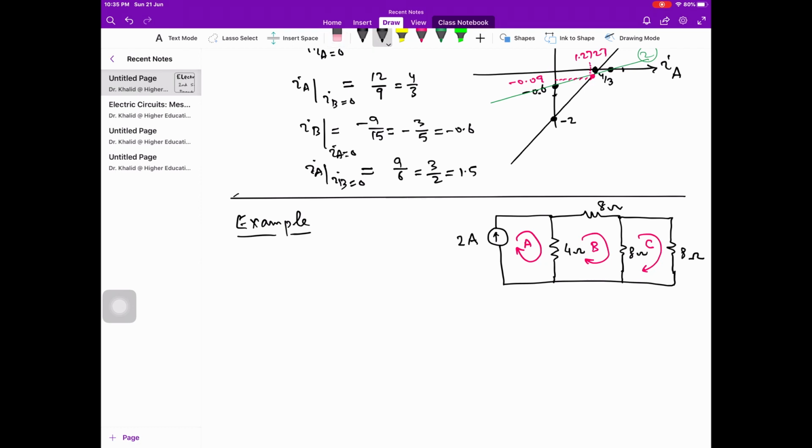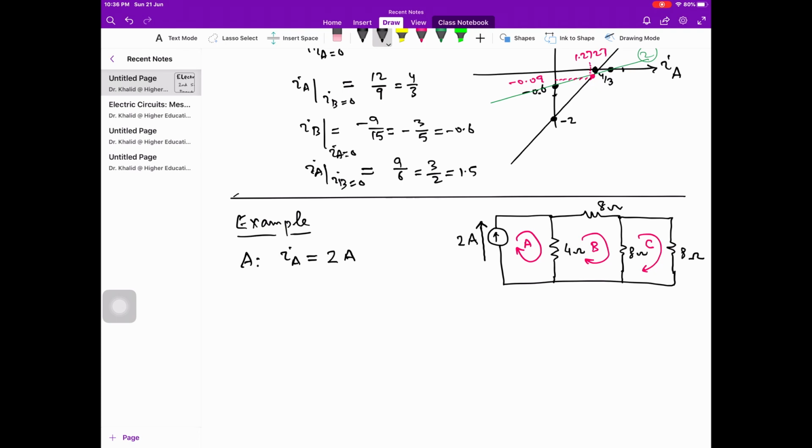Now, writing the equation for mesh A. In mesh A, it is very clear. Listen carefully: when a current source is shared by only one mesh, the mesh current is given directly. Only IA is flowing through this current source, so IA is 2 ampere.